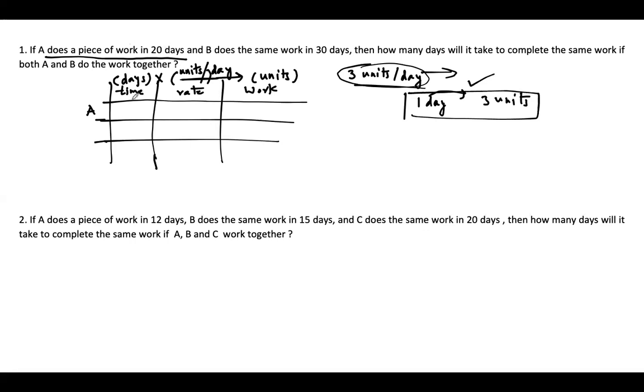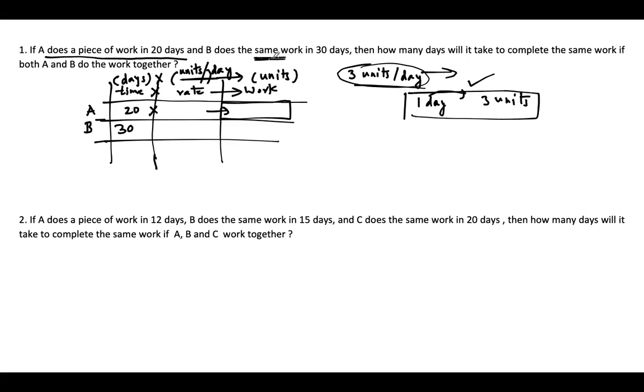Cool. So A does a piece of work in 20 days. Some work A is doing, and B does the same work in 30 days. You know the relationship between time, rate, and work. What is the relation? Time into rate is equal to work. That means 20 into something is equal to your work done.